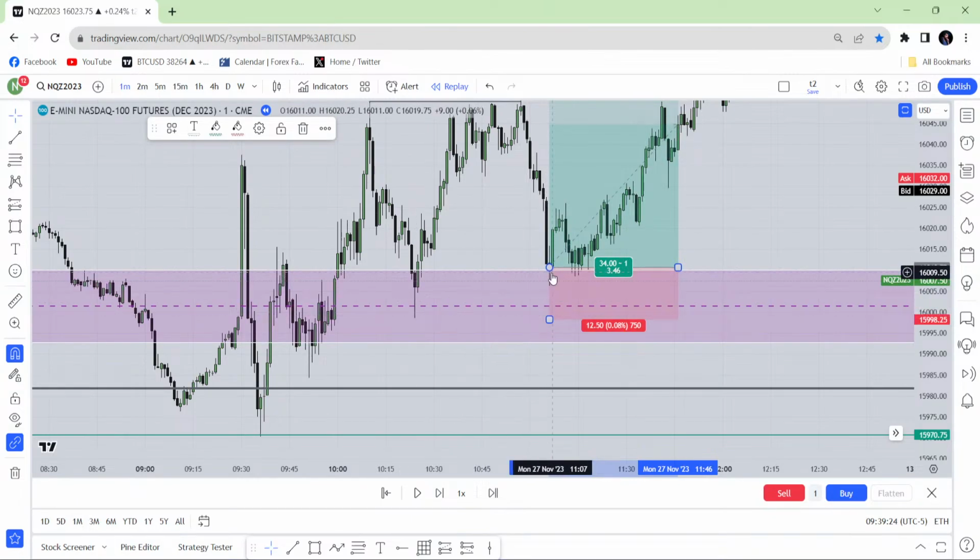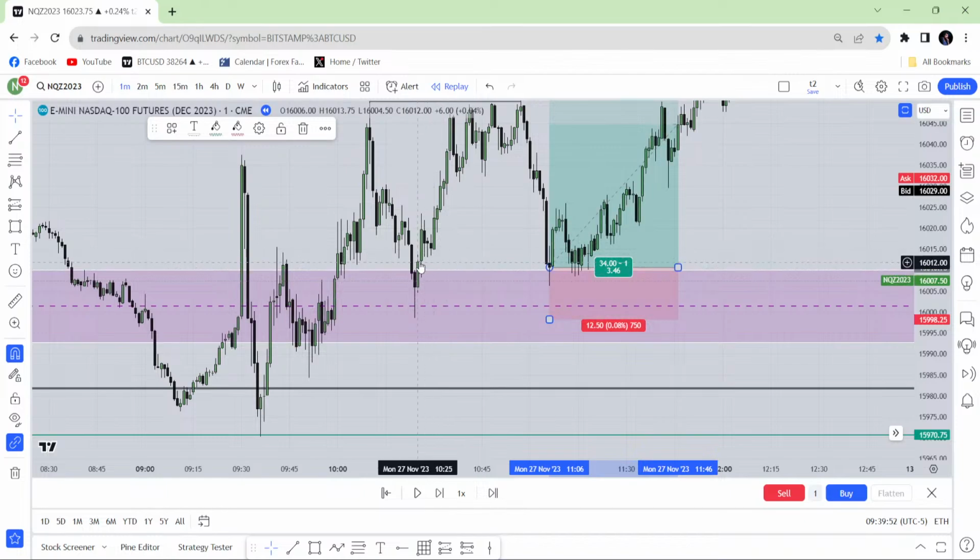After the rejection, price came back. This is the first time it came back to the top of the fair value gap. If you get the rejection from here, just think this candle came to the top of the fair value gap, you will take your entry over there. As this candle didn't come here, it is not eligible for taking the entry because I need a curve.